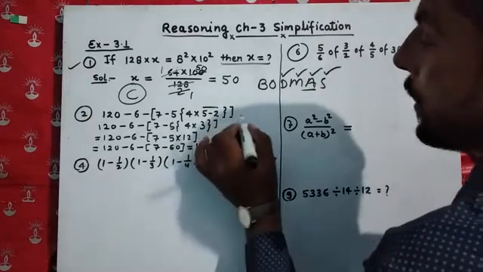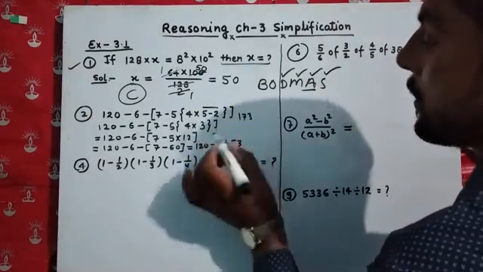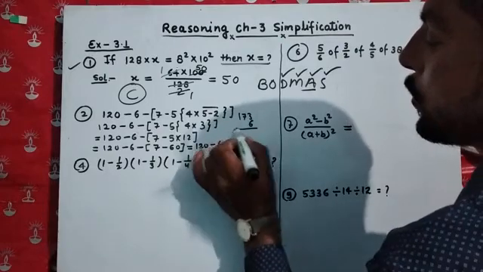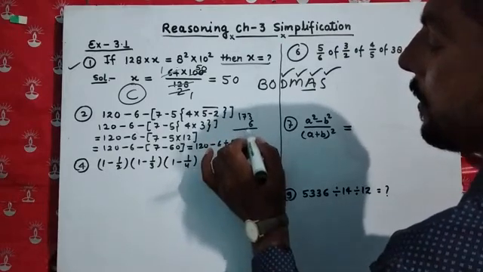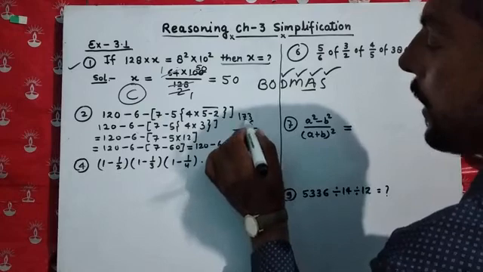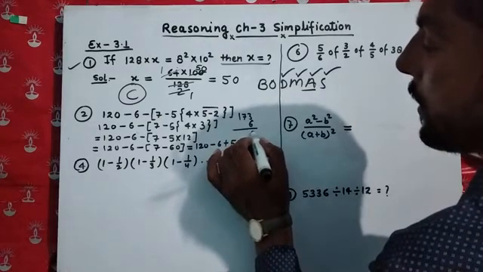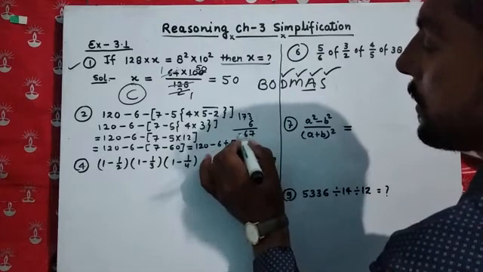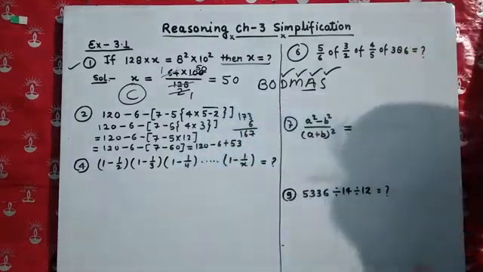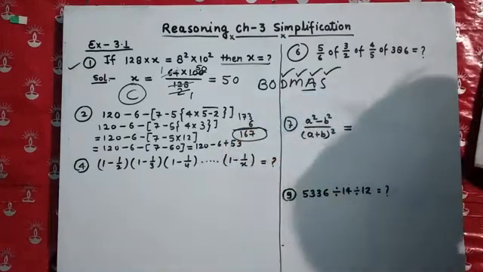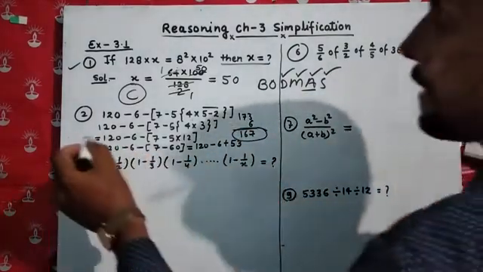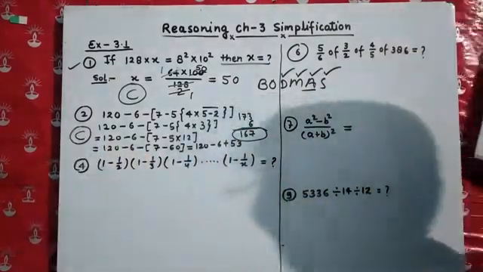Then 173 minus 6: here 1 carry over, 13 minus 6 becomes 7, and here 6. So the answer will be 167. 167 is the answer, so again option number C is correct.